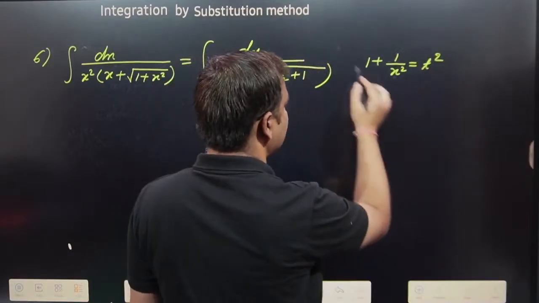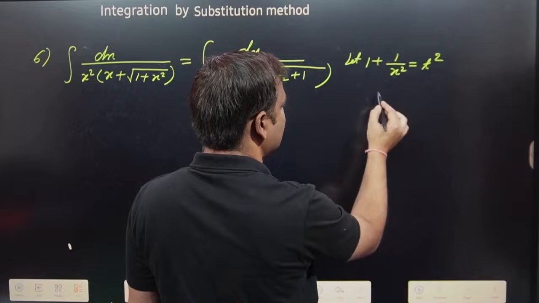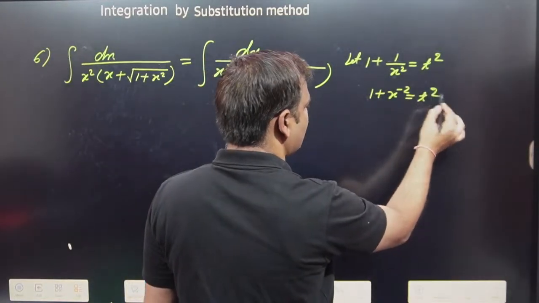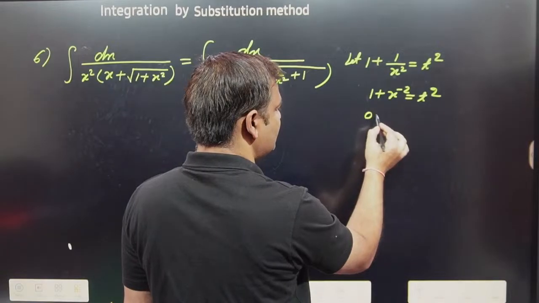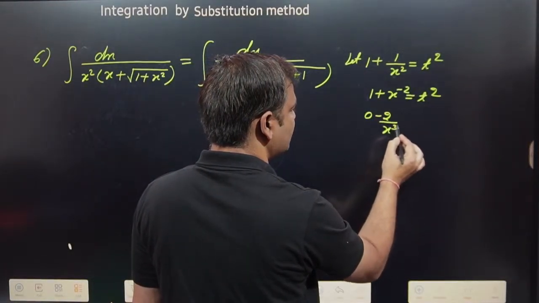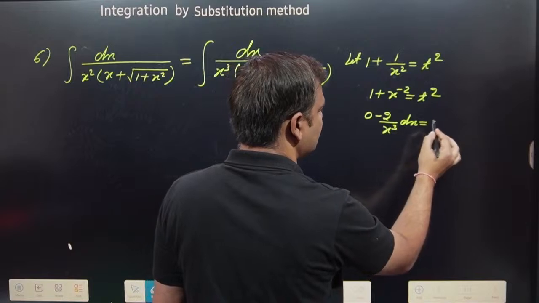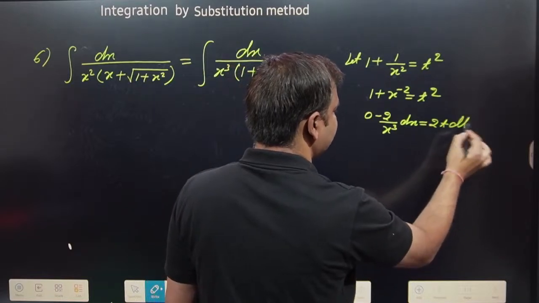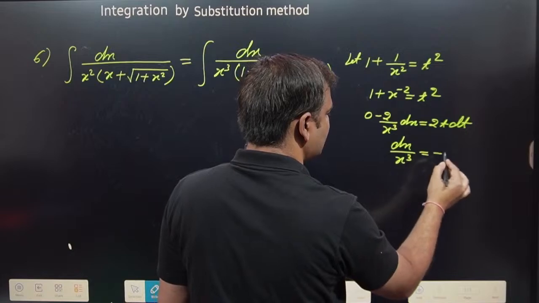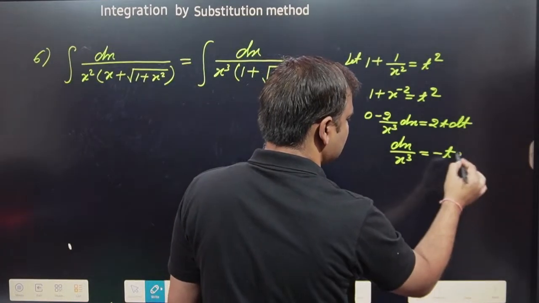So if we differentiate both sides, then 0 minus 2 into x cube into dx, this is equal to 2t dt. So dx divided by x cube, this is equal to minus t dt.